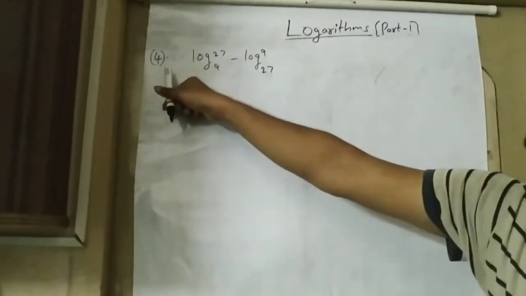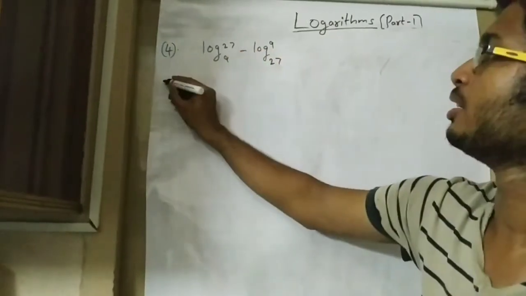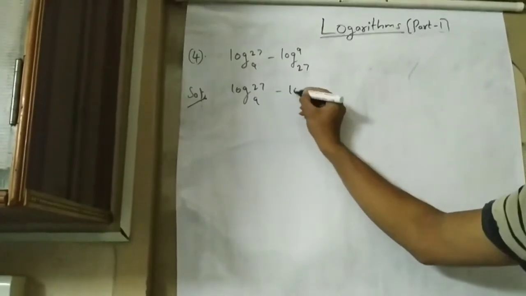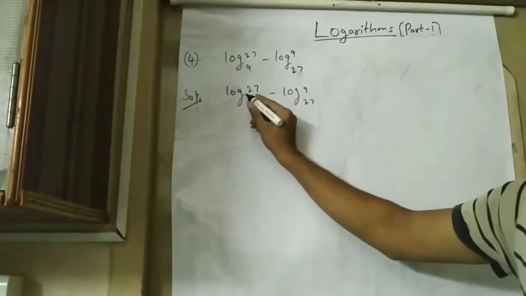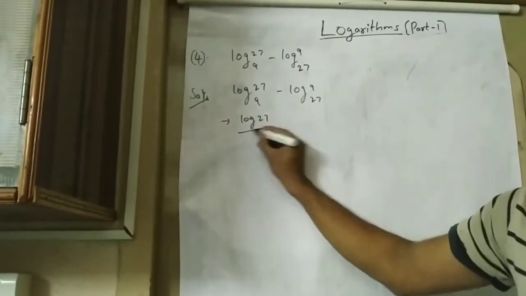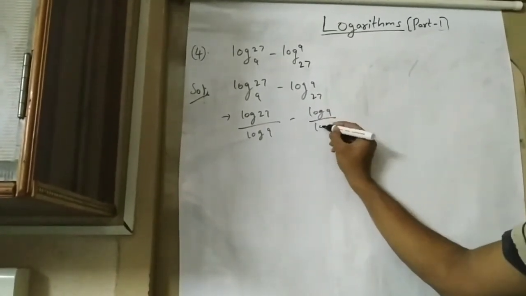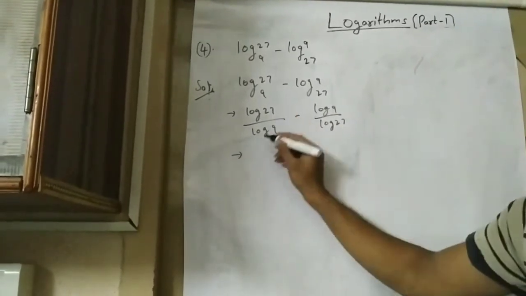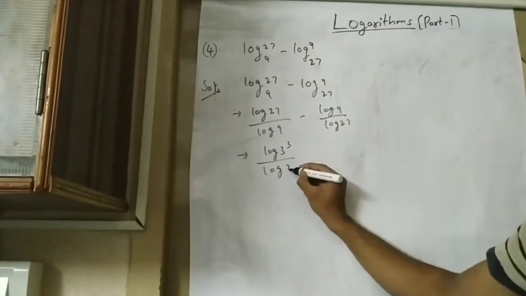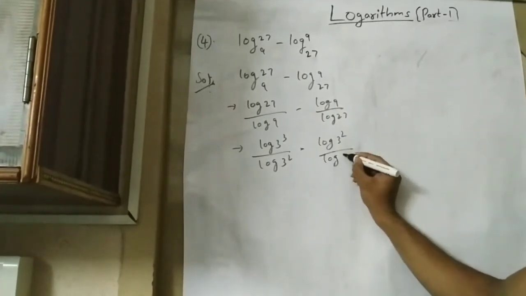The fourth question is: find the value of log 27 base 9 minus log 9 base 27. Log a base b we can write as log a by log b. Similarly here. So log 27 is log 3 cube, and 9 is log 3 square, minus log 3 square by log 3 cube.